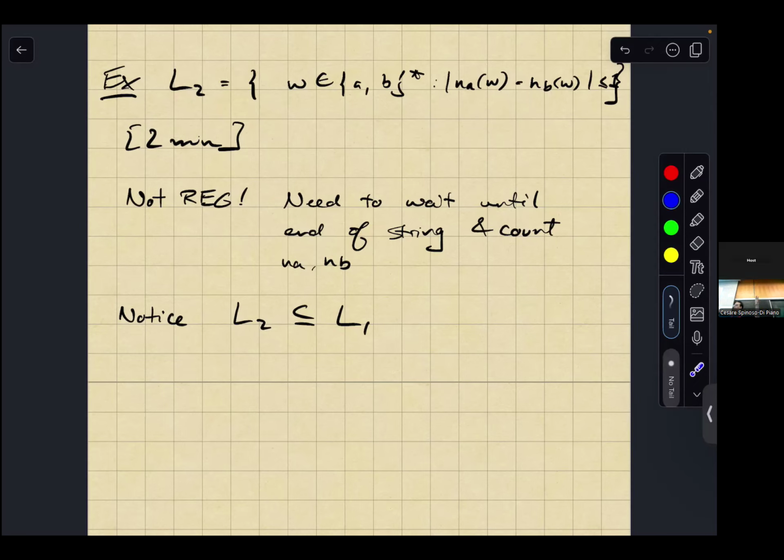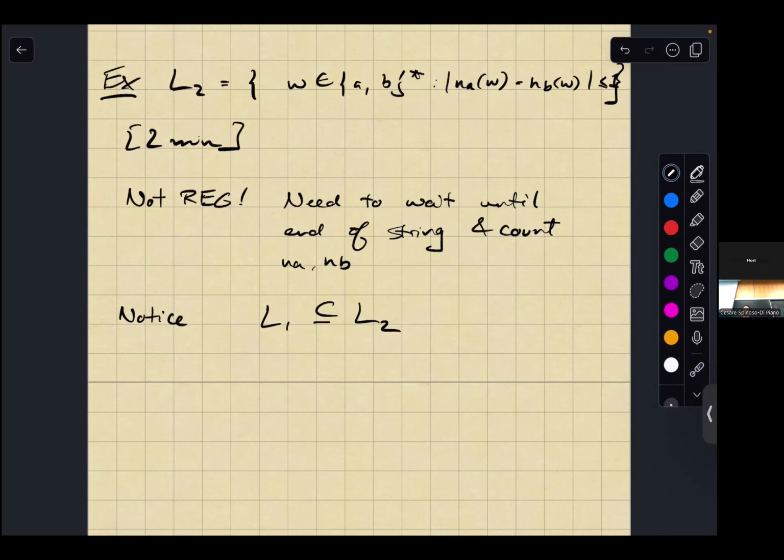But then the first prefix might have like 3 A's and no B's. So then you have a string in here which is not in here. Oh, I see what you're saying. If it has every prefix correct, then it is in L2. Yes, you're right. Okay. Yes, very good.